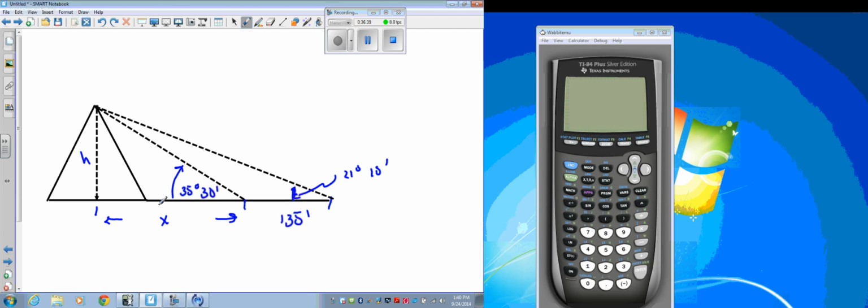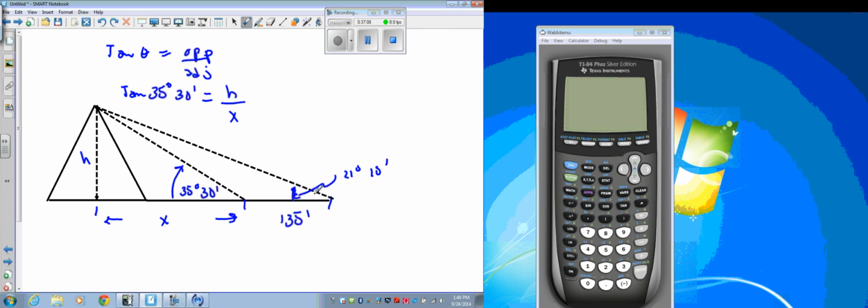Tangent. The trig function that relates opposite to adjacent is tangent. So the tangent of 35 degrees 30 minutes is equal to h over x.